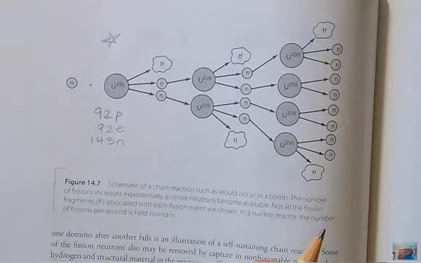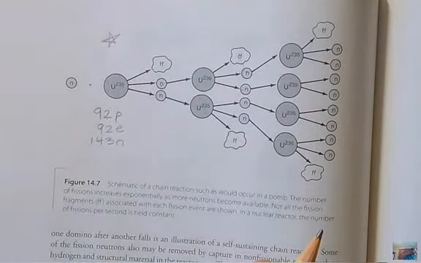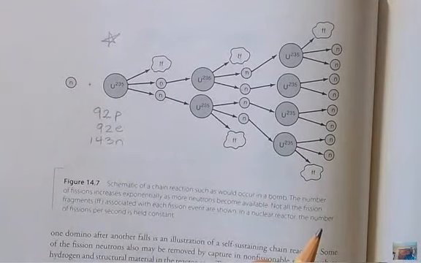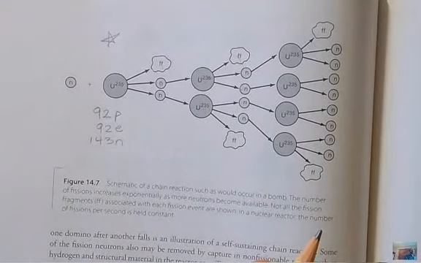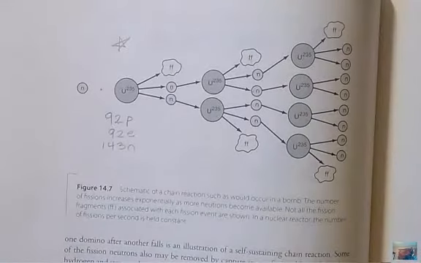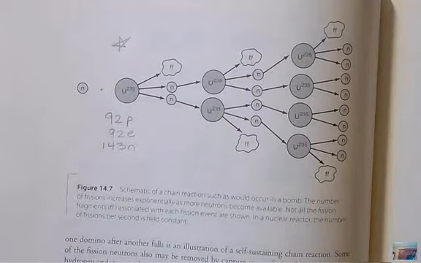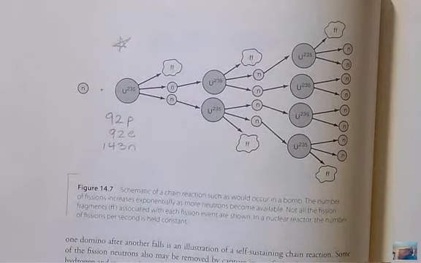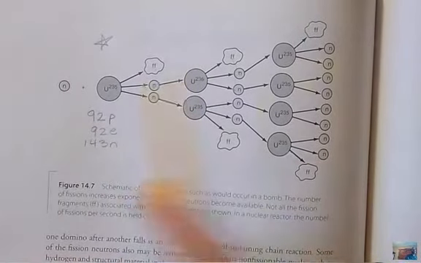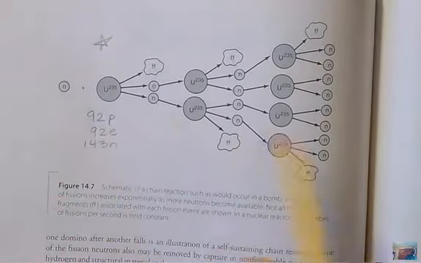Everything keeps on doubling, then to 32, then to 64, then to 128. It just keeps on doubling, right? Let me just make sure I got that right. 64 times 2, yeah, 128 would be the next one, right? So it just keeps going until all of that heat comes out.